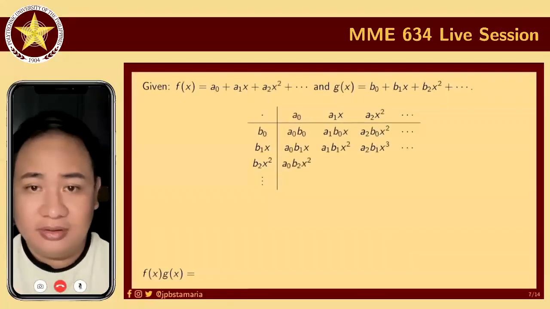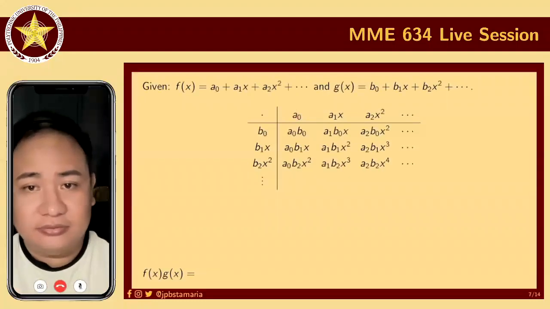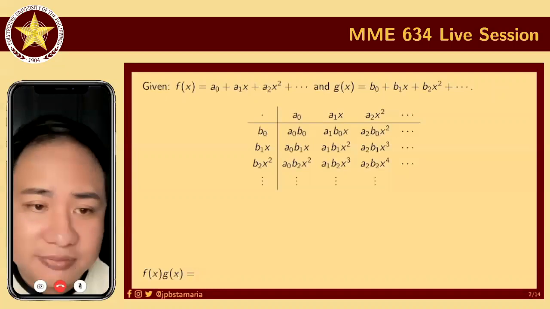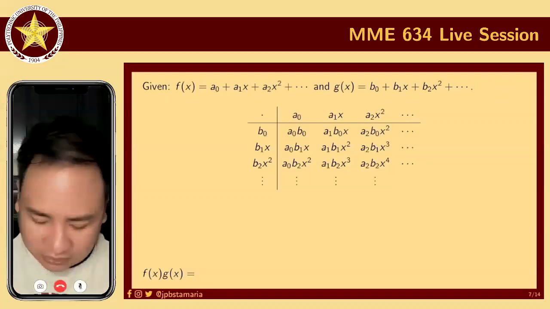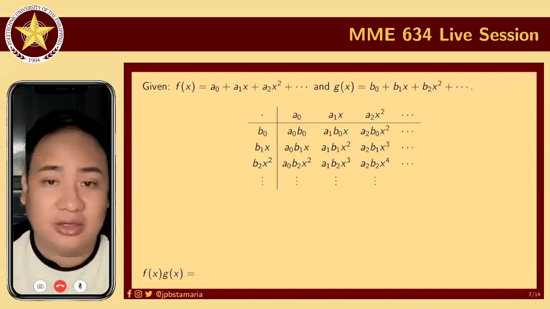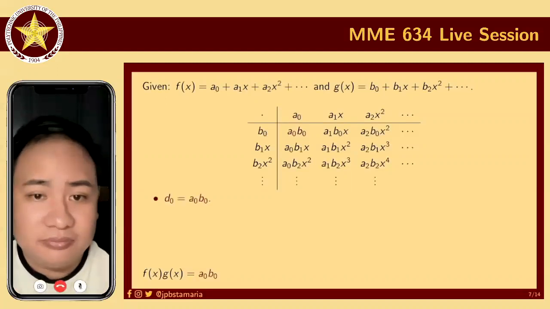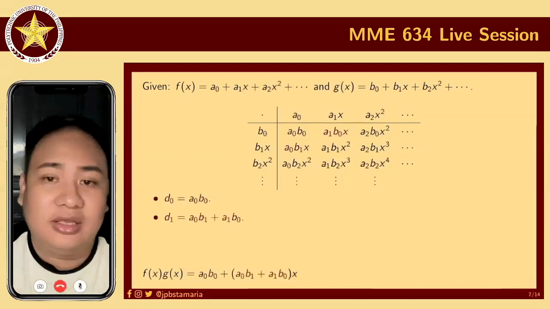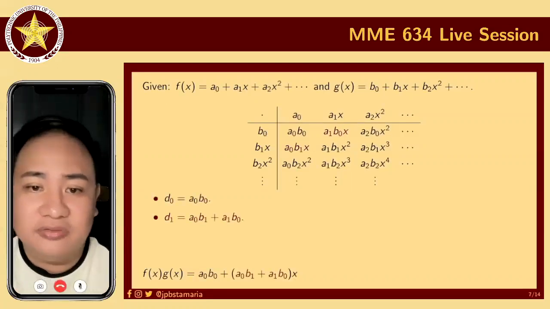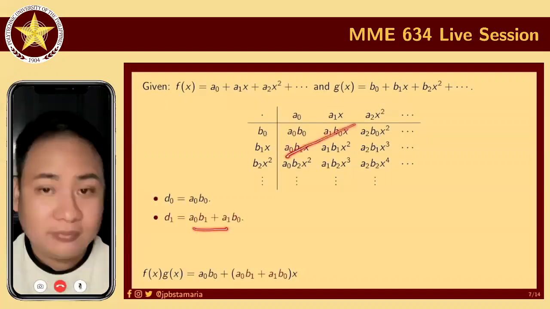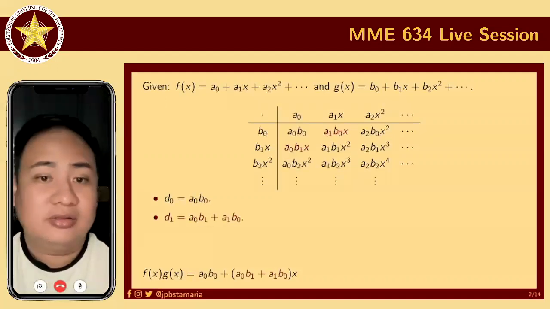Diba? Ganyan. And so on. And then we combine similar terms just like what I've told you. Halimbawa, ito constant ito, so nag-iisa lang siya. Yan yung D0. Okay? Next, yung mga x. Kukunin mo yung coefficient ng mga x. Ayan yung D1. Okay? D2.